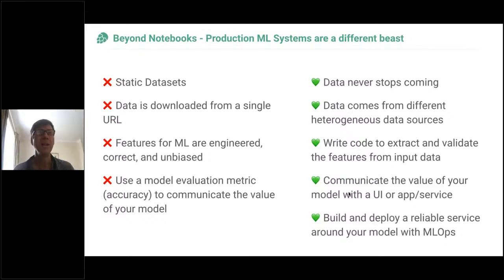Maybe it's from a URL, or from scikit-learn or TensorFlow itself, because they have support for these standard data sets. You never really have to do any feature engineering. The data is ready, prepared, correct, and unbiased. Then, once you've trained your model, you evaluate it on some test data to check that your model generalizes.